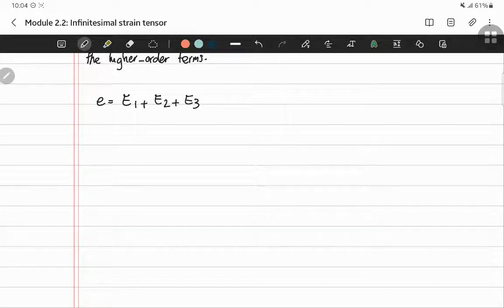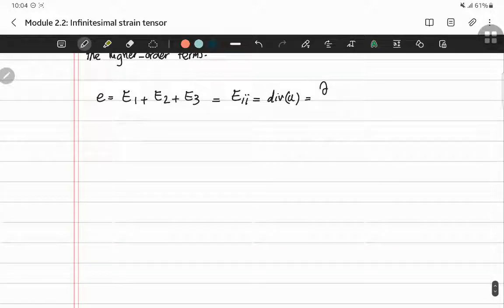And if you want to write it with index notation, it is Eii, which is basically the divergence of u, if you remember, which was basically the summation of all the diagonals. So it was the partial derivative of ui with respect to xi.